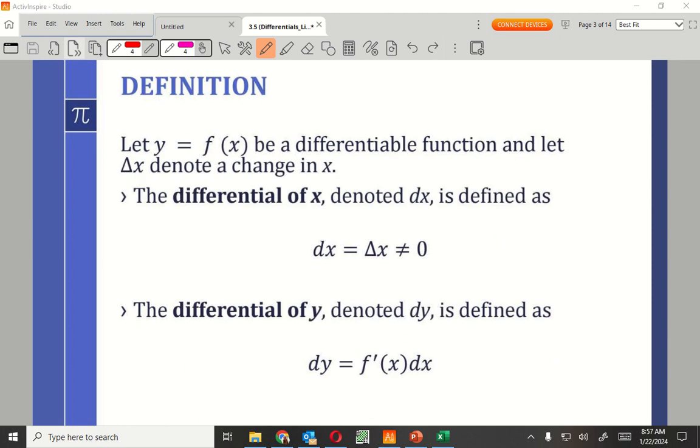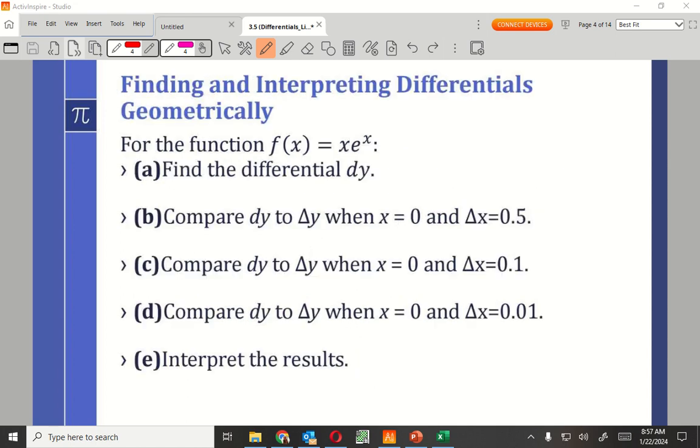Let y equals f of x be a differentiable function, and let delta x denote the change in x. So again, delta x cannot be equal to 0. For this one right here, find the differential dy.